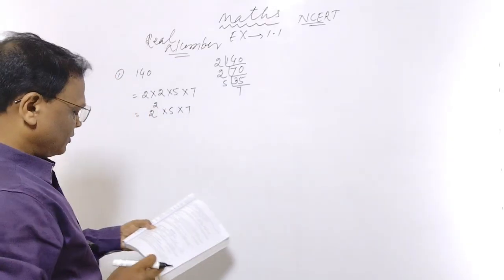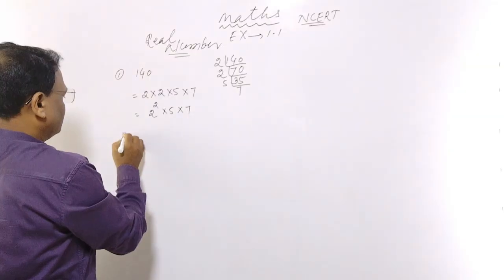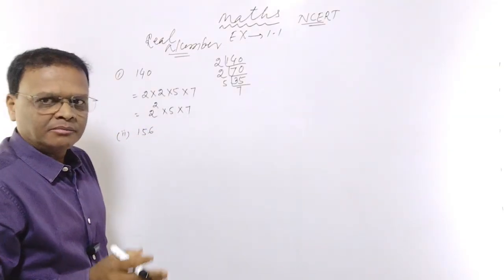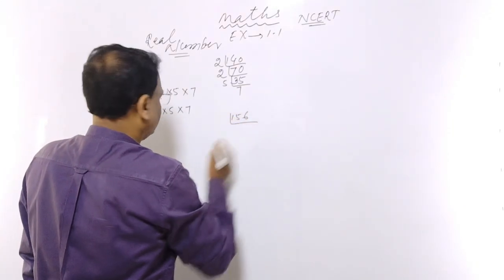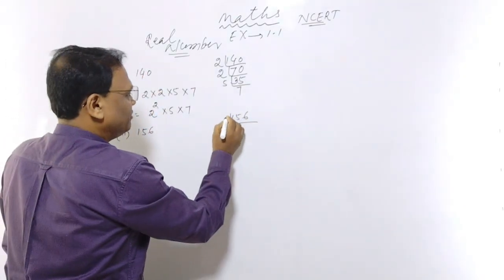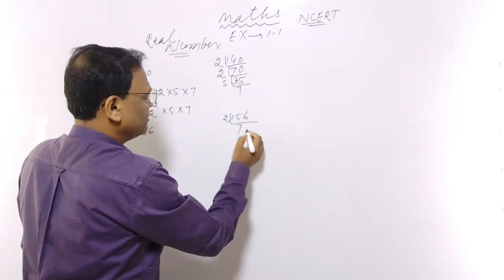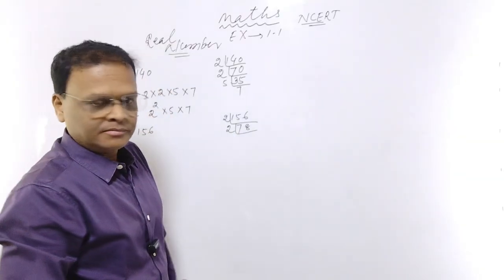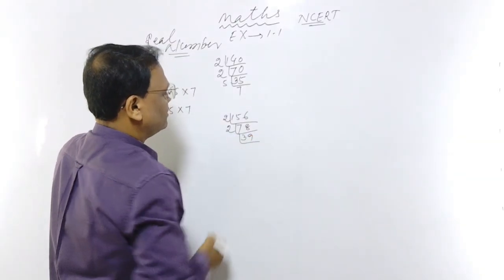Okay, the first one is over. Now the second one he has given is 156. Similarly, we can start finding the prime factors of this 156. To begin with, let me start with 2. 2 7s are 14, 2 8s are 16. Again if I start with 2, 2 3s are 6, 2 9s are 18.